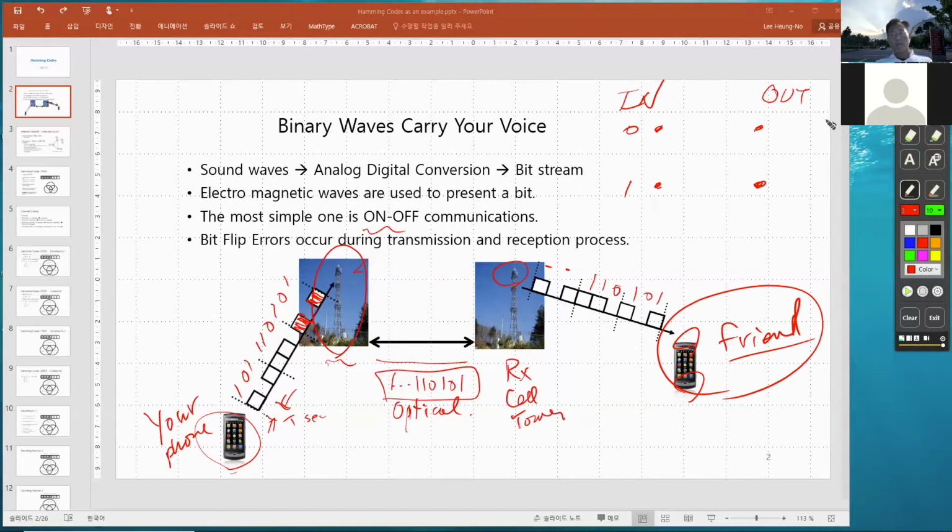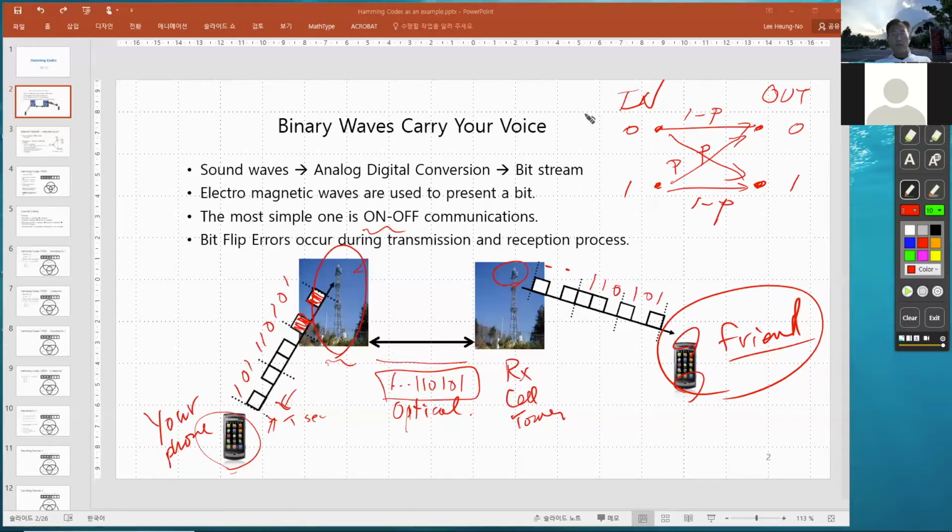And at your friend's phone, you have 2 alphabet elements, 0 and 1. With the probability p, 0 is flipped to be 1. With the probability p, 1 is flipped, received as 0. And with 1 minus p, no error. With 1 minus p, no error, like that.